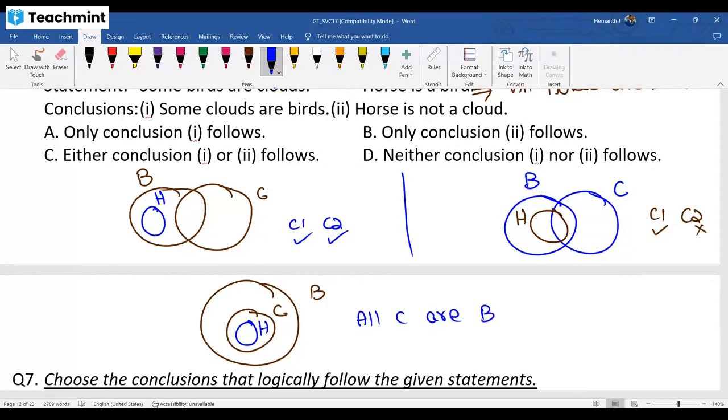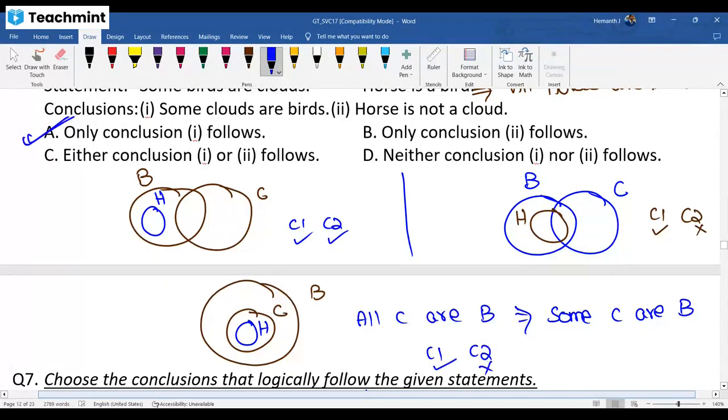We already shared a syllogism video, kindly go through that, I've given you the basic information. Whenever all is there, some can be taken: all clouds are birds means some clouds are birds is always true. But horse is not a cloud is wrong, because horse and cloud are connected here. So for all diagrams, first one is correct, which means conclusion one follows.